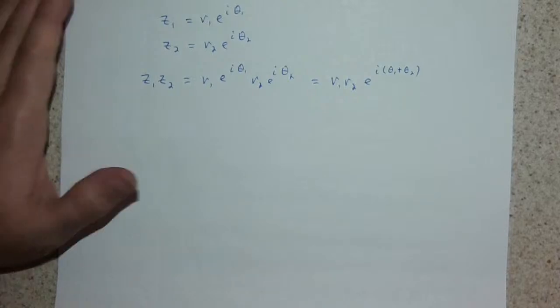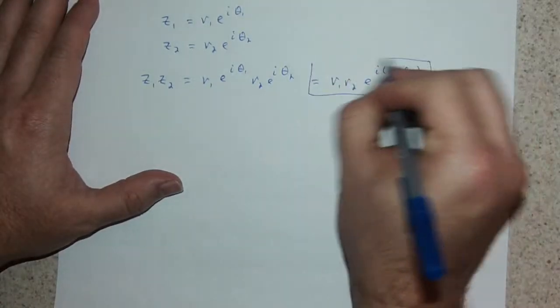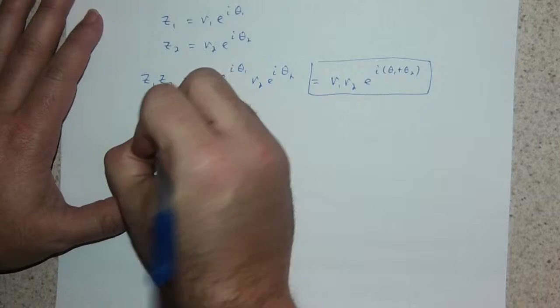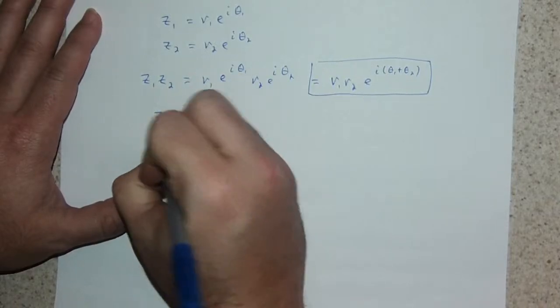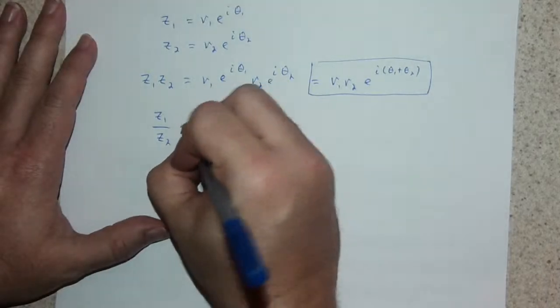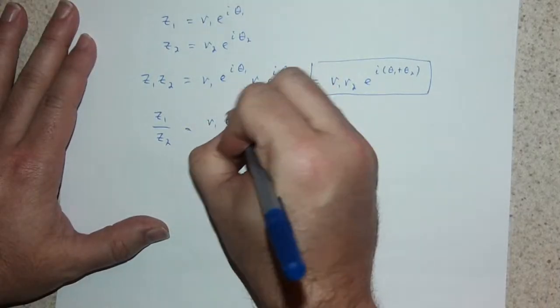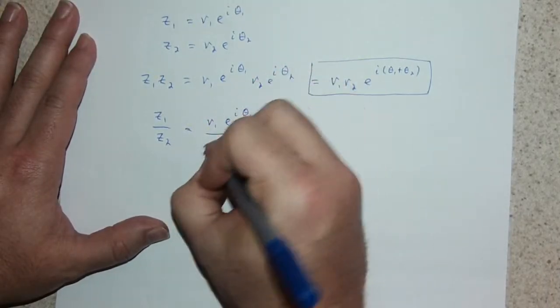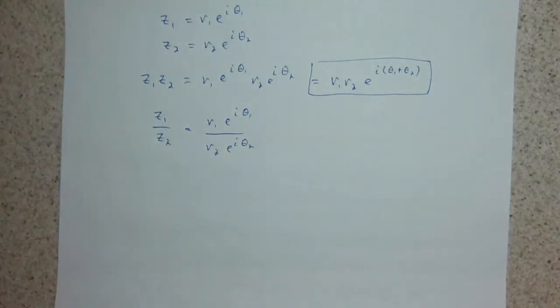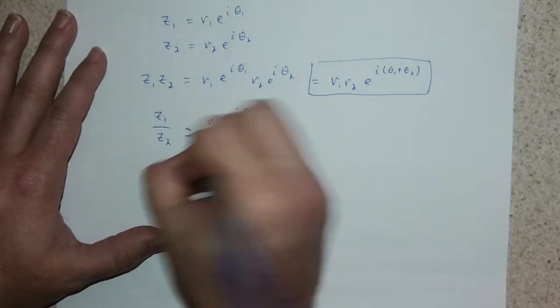Okay. And so multiplying two complex numbers in polar form gives you a very easy description of their product in polar form. Similarly, dividing, forming a quotient of two complex numbers in polar form, also gives a really nice description in terms of exponential form.